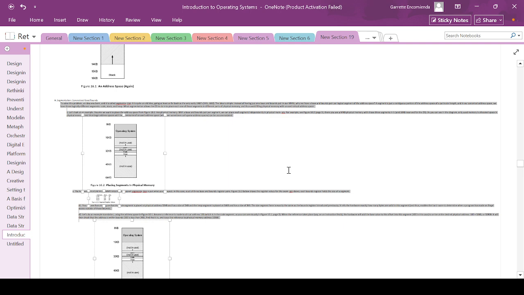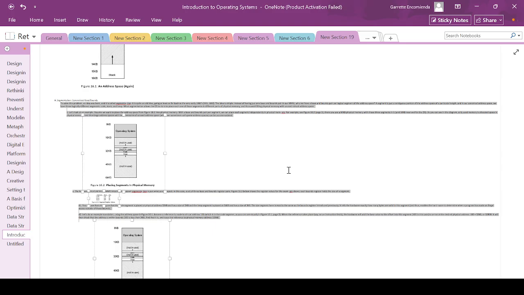Instead of having just one base and bounds pair in our MMU, why not have a base and bounds pair per logical segment of the address space? A segment is just a contiguous portion of the address space of a particular length. In our canonical address space, we have three logically different segments: code, stack, and heap.